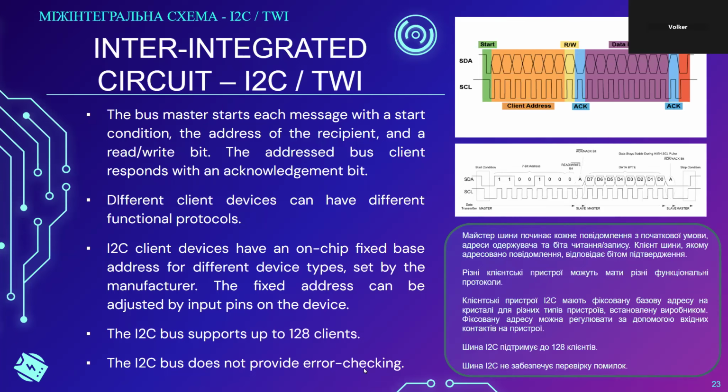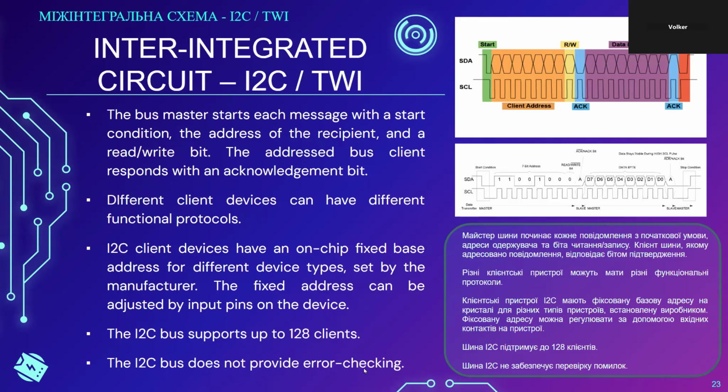There's a state where the address is being sent, a state where it waits for the acknowledge, a state where a command is being sent, and a state where a response is being expected. This is a more complicated protocol. Because of this, trying to bit bang, trying to implement an I2C bus in software is a lot more complicated than trying to bit bang an SPI interface.